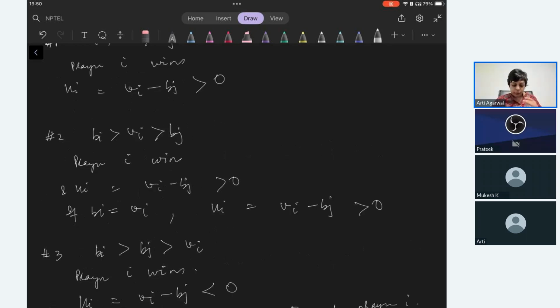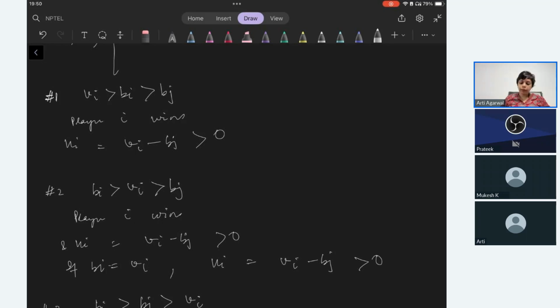Now let's look at the first two. In both of the first two, my valuation in the first scenario is higher than bi and it is higher than bj. bi is greater than bj. So in that case, player i wins and he makes positive profit.